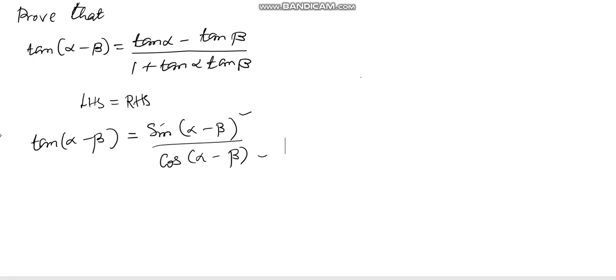So we know that sine(A plus or minus B) is simply equal to sine A cos B plus or minus cos A sine B like this.